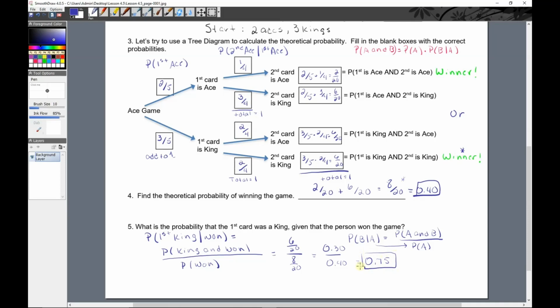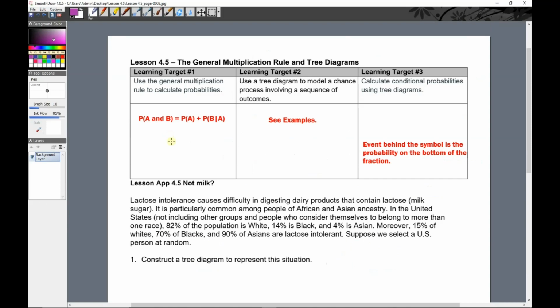So we're going to move on and look at our learning targets. The first learning target is to use the general multiplication rule, which is written right here. Probability of A and B equals the probability of A, and that actually should be times the probability of B given A. Learning target 2, use the tree diagram to model a chance process involving a sequence of outcomes.